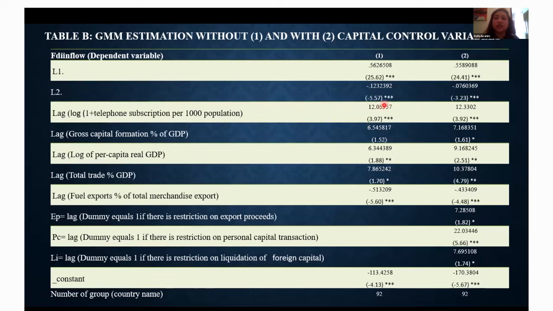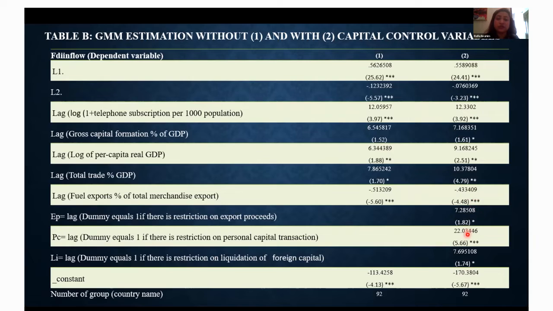The second column here represents the inclusion of capital controls with these indicator variables. And here, as you can see, each of the control variables that I have just mentioned earlier is positively affecting the foreign investment, because the stars represent their statistical significance.